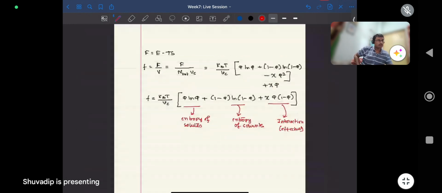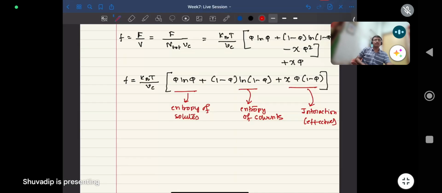So the first two terms are the entropy contribution, the last term is the internal energy contribution. Altogether this is the final expression for the free energy.